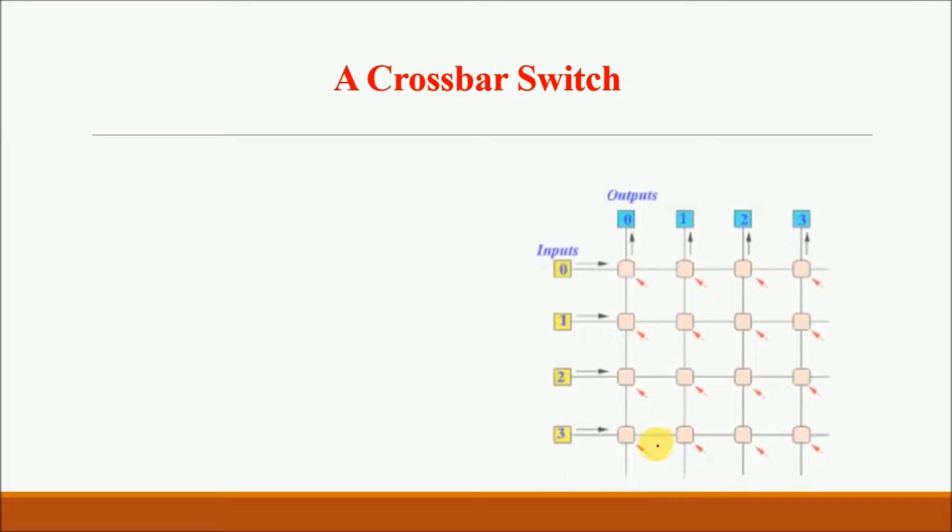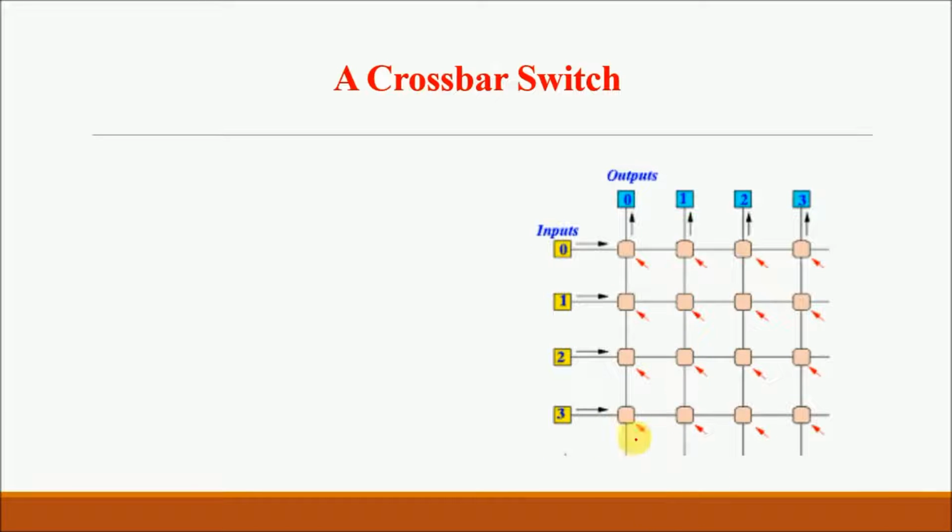Now let's see what a crossbar switch is. Suppose there are four input stations and these are the four output stations, and all these are communication nodes. Basically here it is a semiconductor gate, and through some control unit we can either establish the connection through this gate or disconnect the communication through this gate.